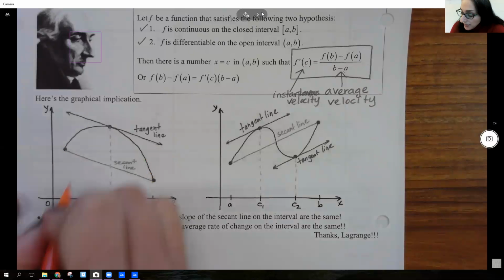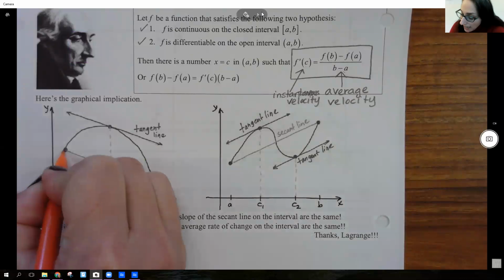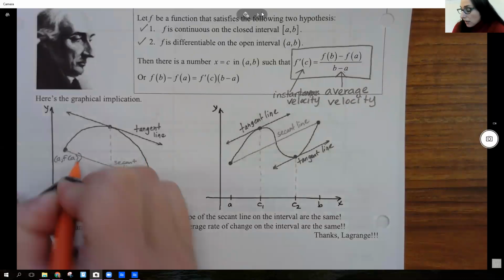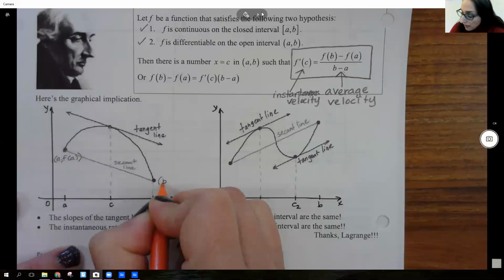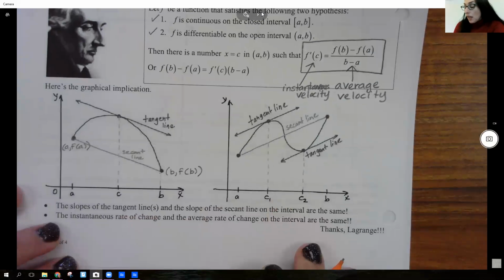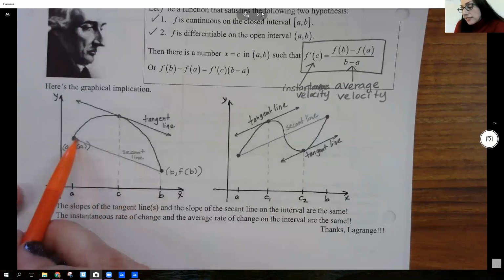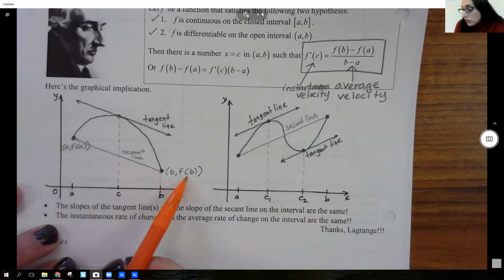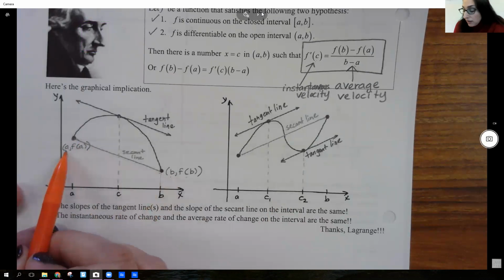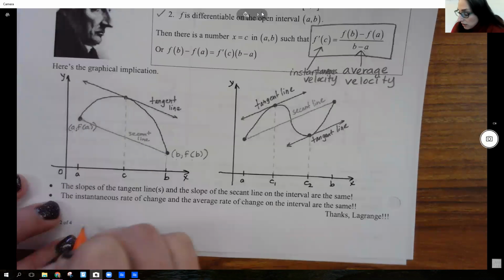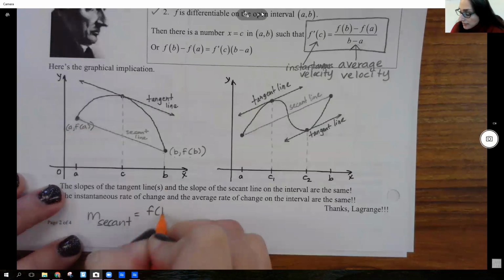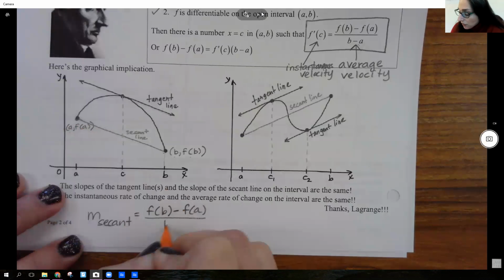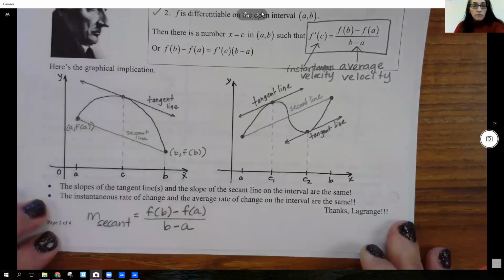So remember, if this is A, this point right here is A comma F of A. If this is B, this point right here is B comma F of B, right? If I want to know the slope of this line, I got to do y2 minus y1 all over x2 minus x1, right? Which is basically the slope of the secant line, f of b minus f of a all over b minus a. Okay?